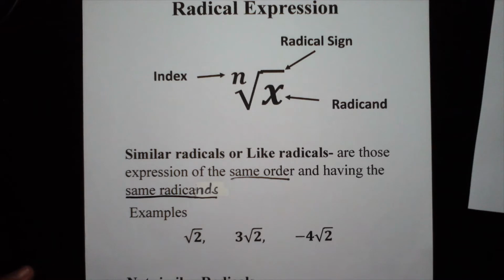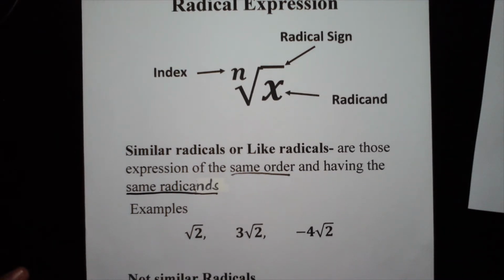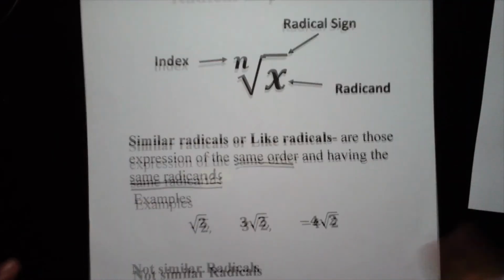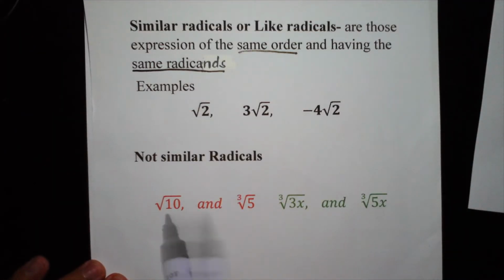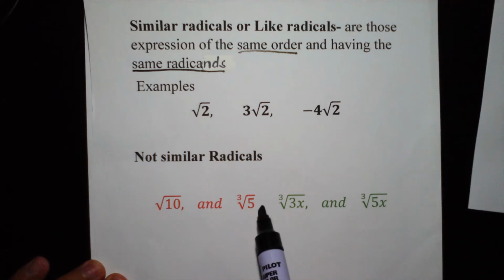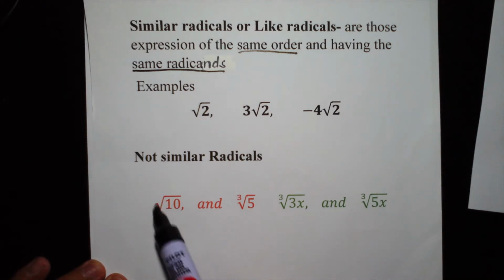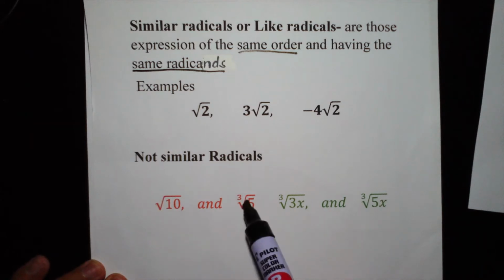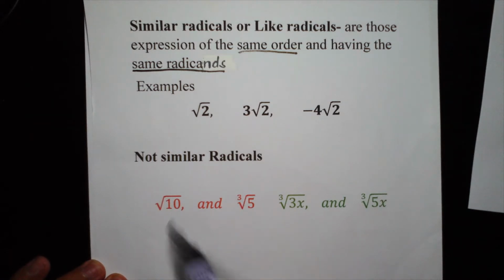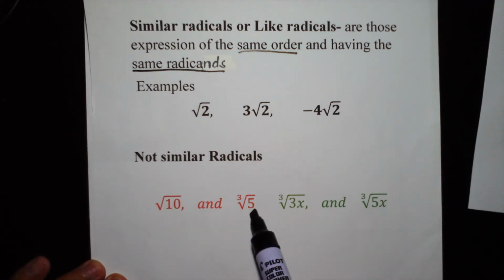For not similar radicals, we have here square root of 10 and cube root of 5. Notice that they are not similar in order because it is a square root and a cube root. And also 10 and 5 are not similar.